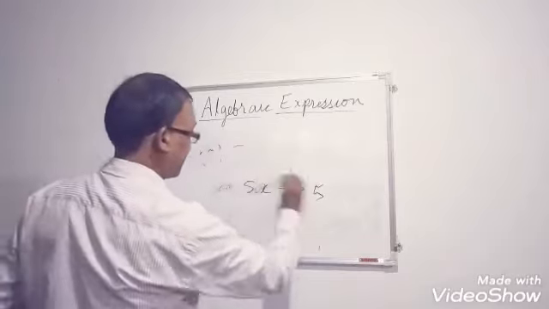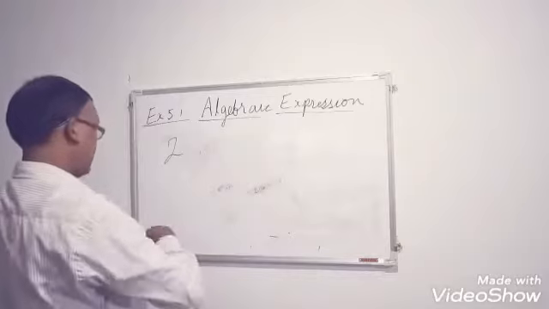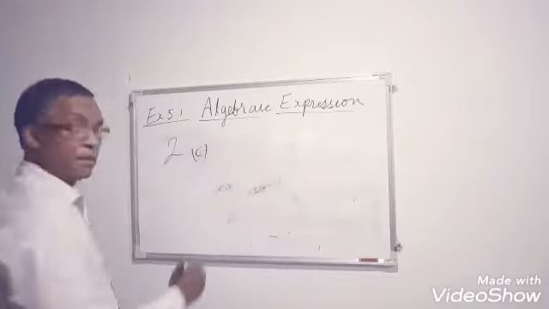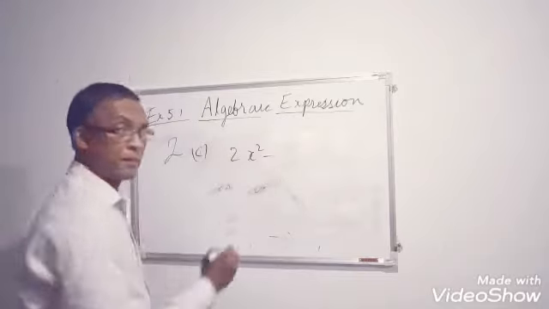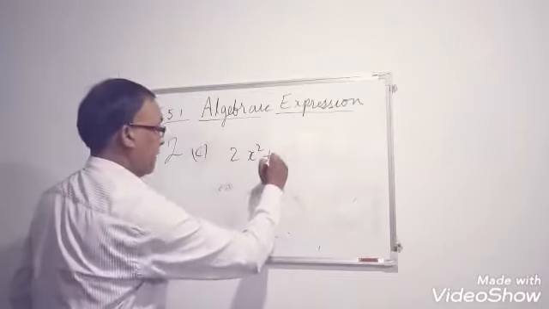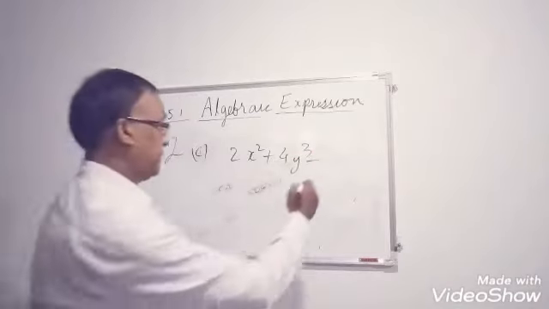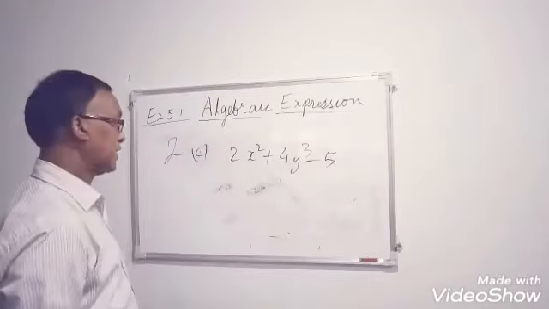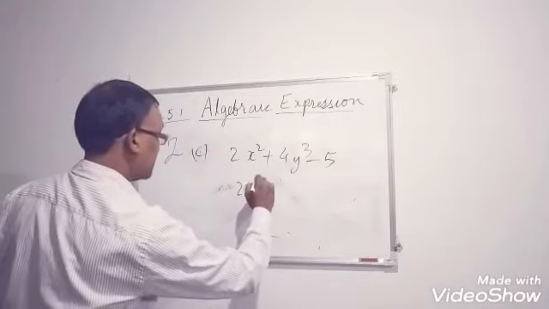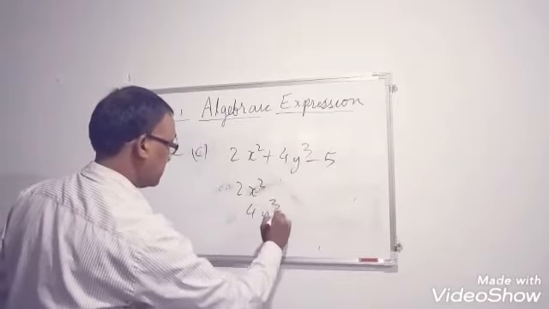In the same way, if I do question number b or c or d, then if you see here, question number c, twice x squared plus 4y cubed minus 5. So if you leave the constant, these 2 terms are there, twice x squared and 4y cubed.